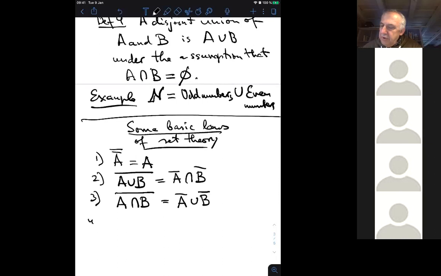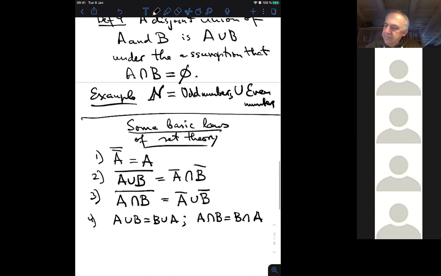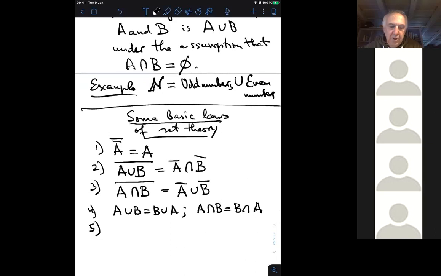Now we have this commutativity of the union and the product, which is fairly obvious. And similarly for the intersection, A intersected with B is the same as B intersected with A. Then we have, for example, this nice distributive law. If we take the intersection of sets B and C and take the union with A, how can we express it differently?